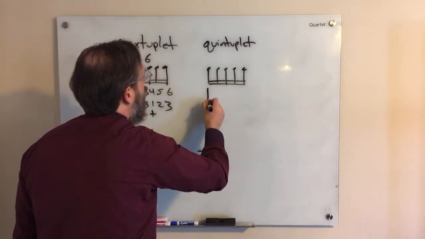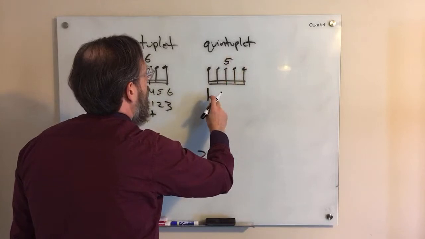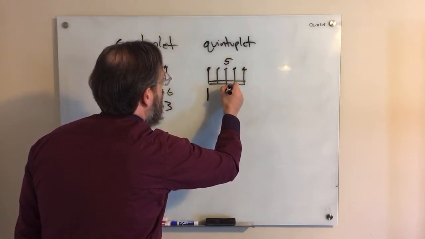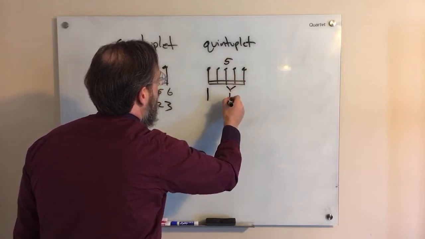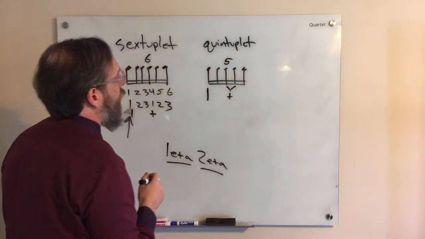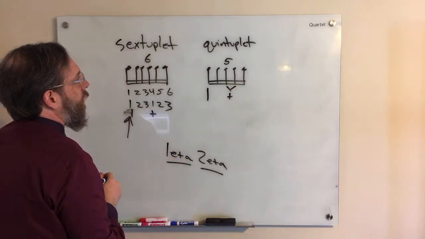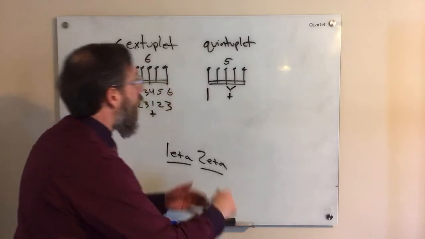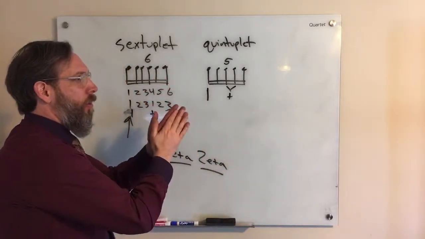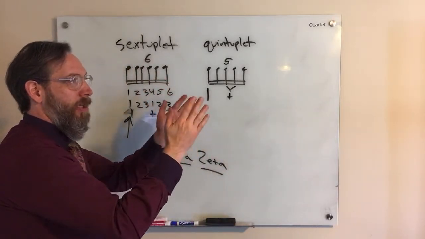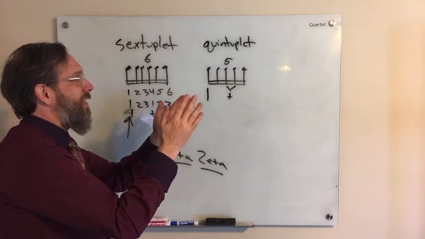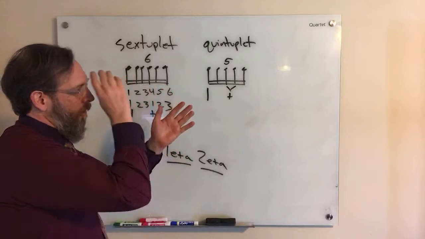So if we have beat 1 here, the and comes right halfway in between the 3rd and the 4th note of the quintuplet. So let me think how I do this. Hold on a second.